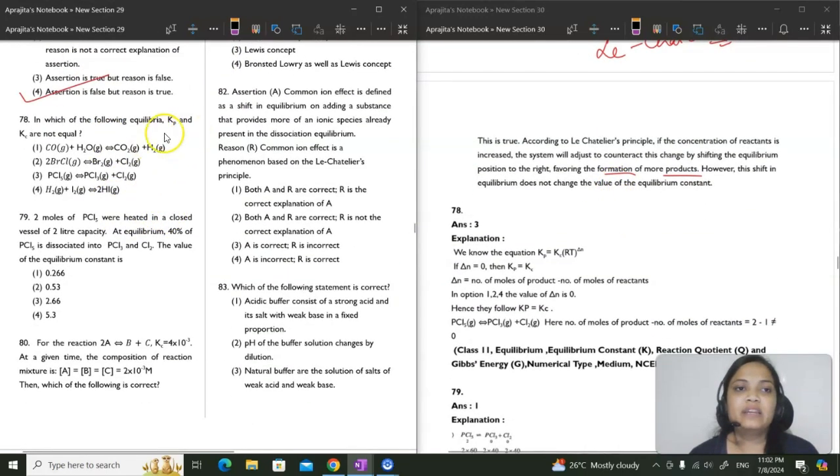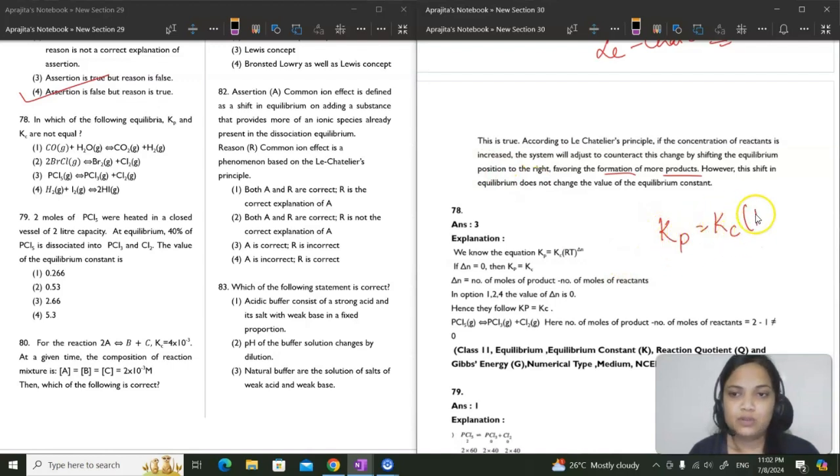Question number 78. In which of the following equilibria are Kp and Kc not equal? You know, students, that Kp is equal to Kc into T raised to the power delta n, and if delta n is equal to 0, it means Kp is equal to Kc.